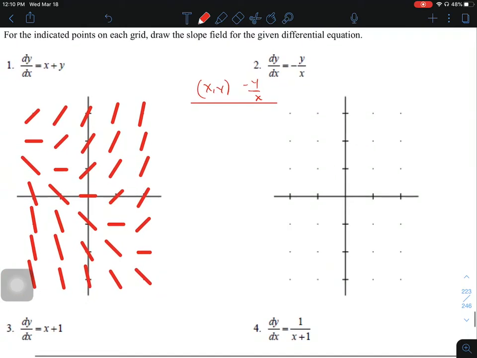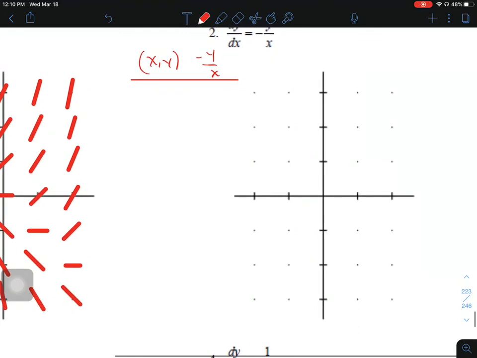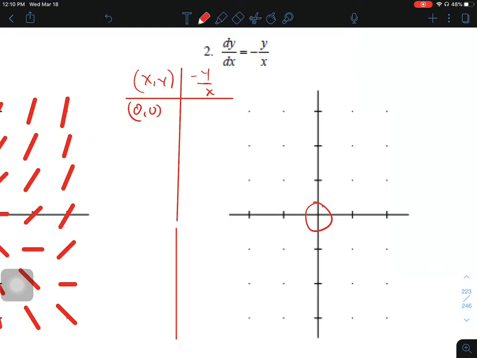So for example, let's just start right here at the origin. At the origin, I'm going to have the ordered pair 0, 0. And that's going to translate to negative 0 over 0, which is undefined.